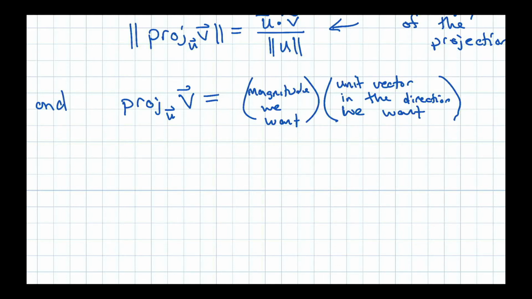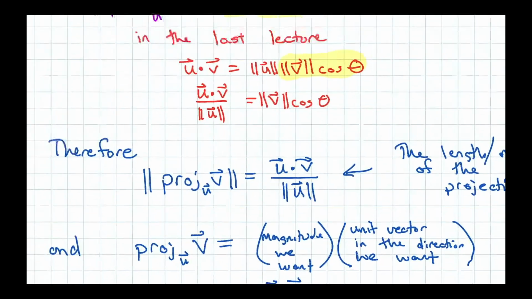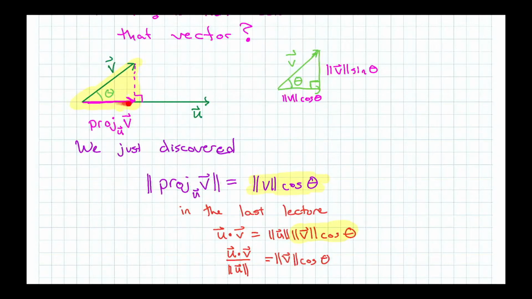We know both of these things now, because the magnitude we want is what we just calculated: u dot v over the magnitude of u. Then we multiply it by a unit vector in the direction we want. Looking at the picture, the projection of v onto u is this pink vector, and you can plainly see that it is in the direction of u.